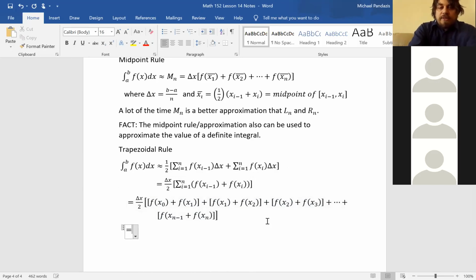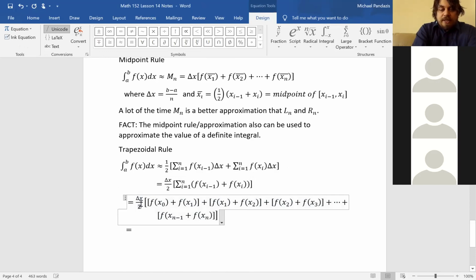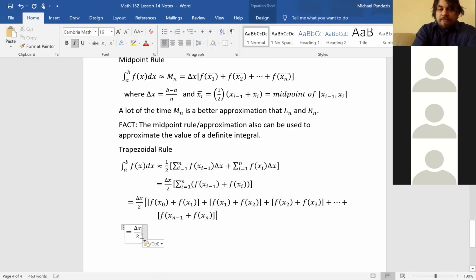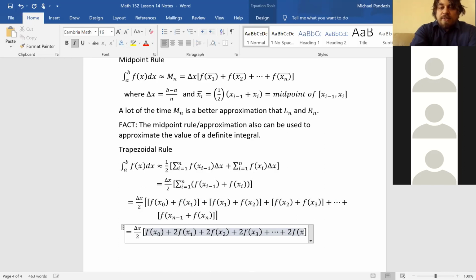Now this is equal to delta x over 2 times f of x naught plus 2 f of x sub 1 plus 2 f of x sub 2 plus 2 f of x sub 3 plus dot dot dot plus 2 f of x sub n minus 1, and then plus f of x sub n.